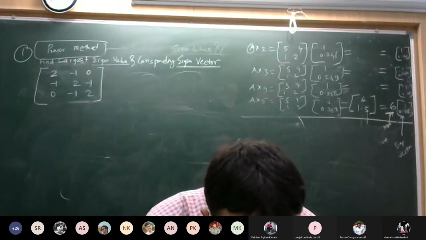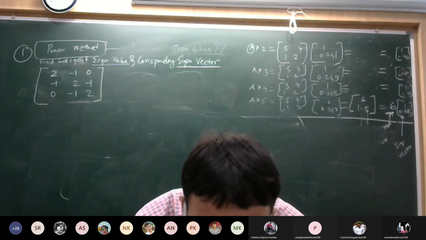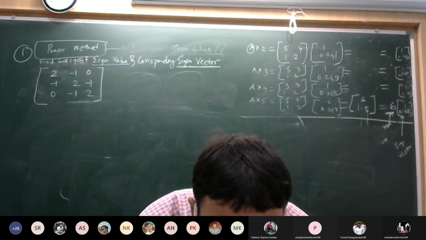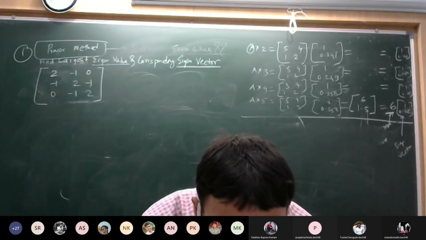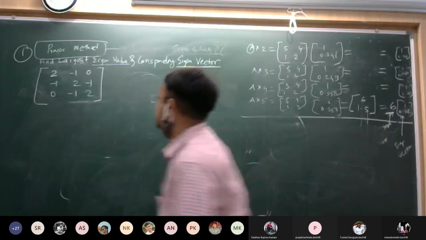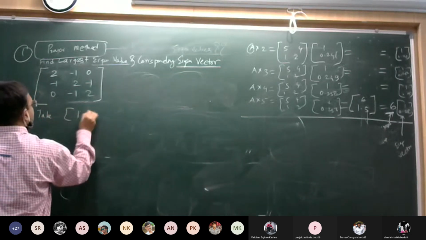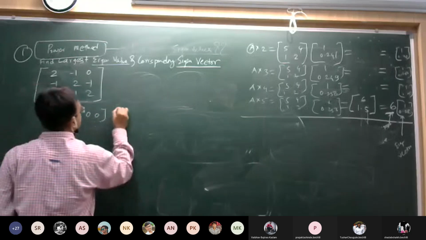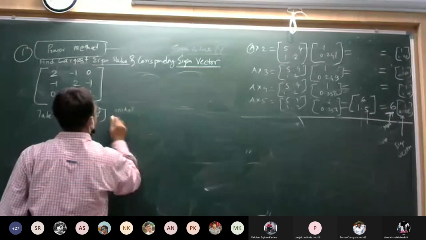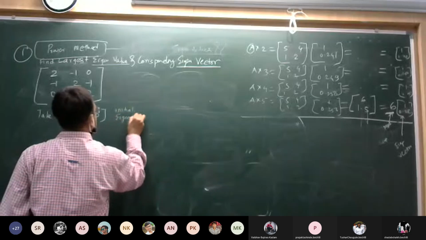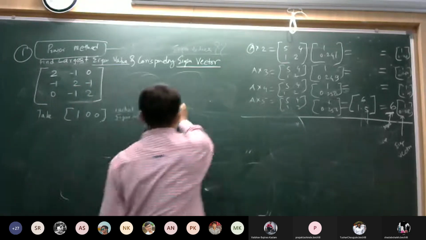They say determine the largest eigenvalue and corresponding eigenvector using the power method, and take 1, 0, 0 as the initial eigenvector. So that means the x value is given.